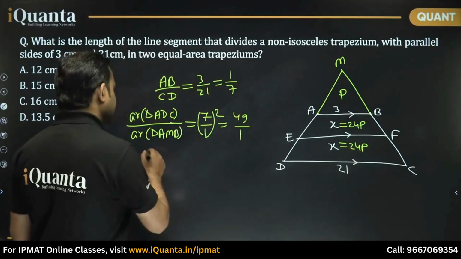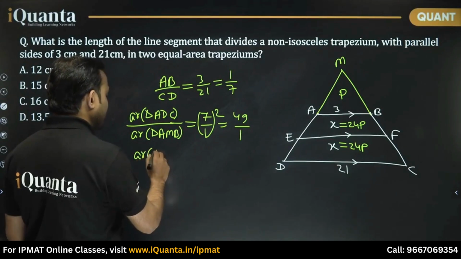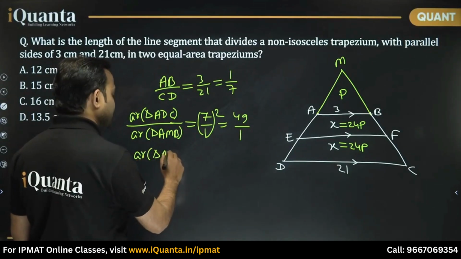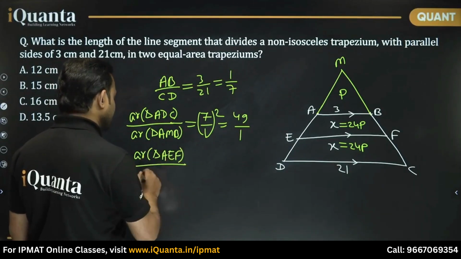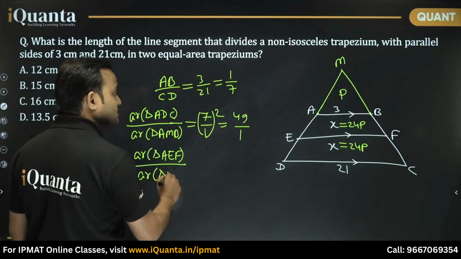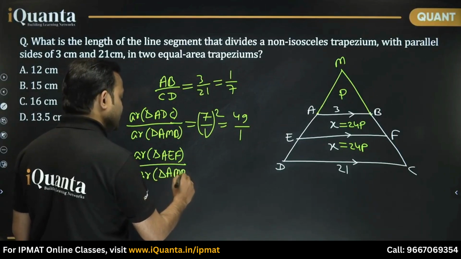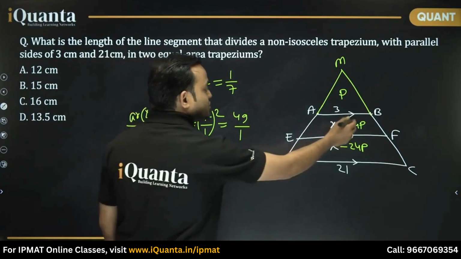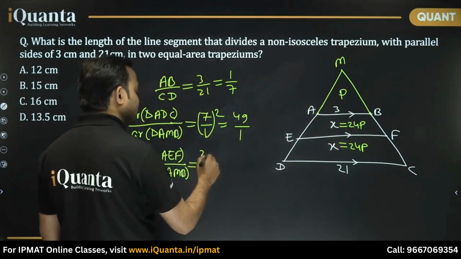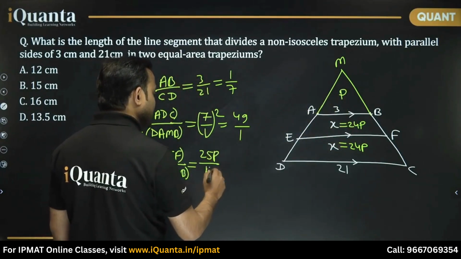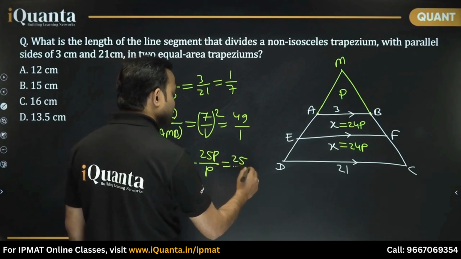That means we can say that the area of triangle AEF divided by the area of triangle AMB will be equal to 24 plus 1, 25P divided by P, which is 25 upon 1.